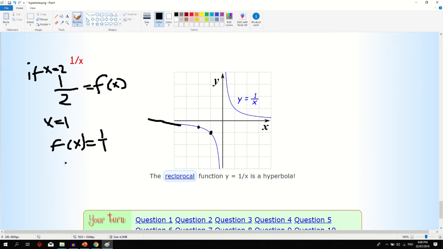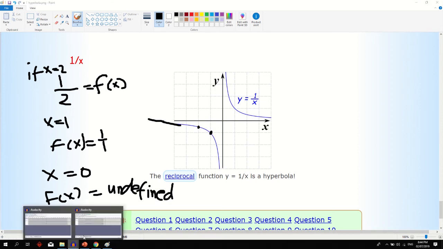Then if x is 0, f of x will be what? It will be undefined. So f of x will become undefined.